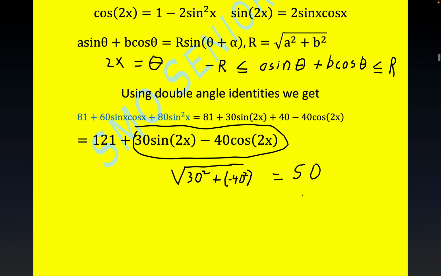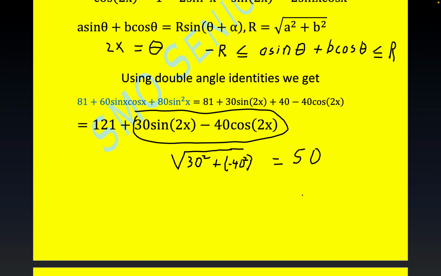So what that means is that our expression of interest right here will be bounded as follows: you'll have to subtract 50 from 121 and add 50 to 121.